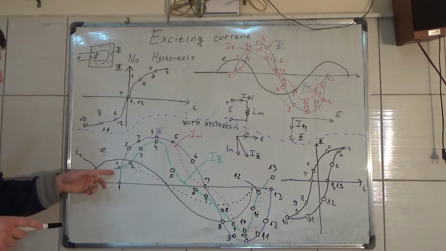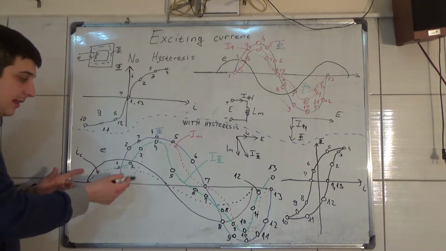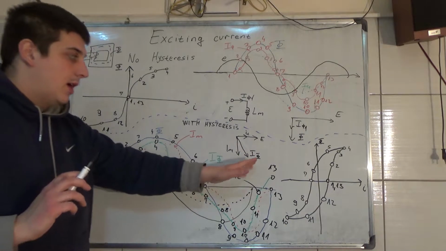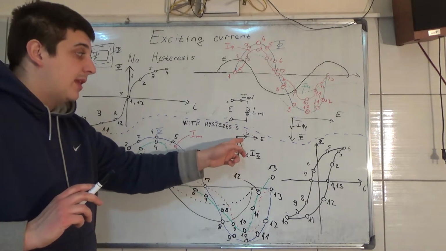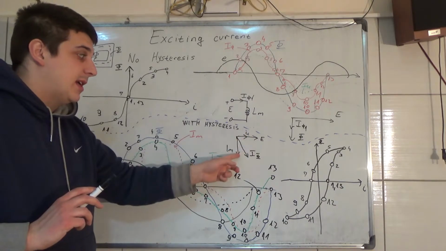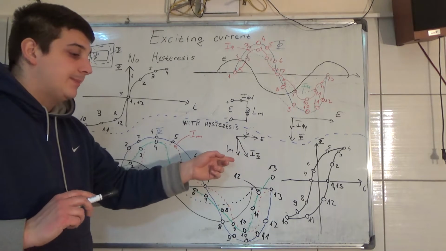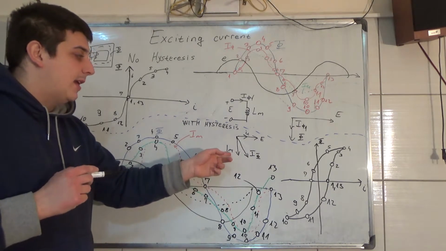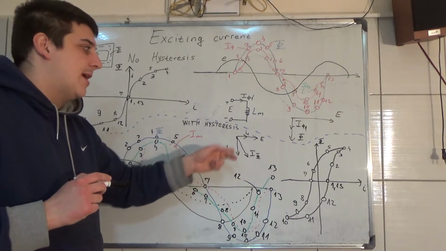Why? Because we have a value of IC here, and the exciting current is the sum of IC and IM.